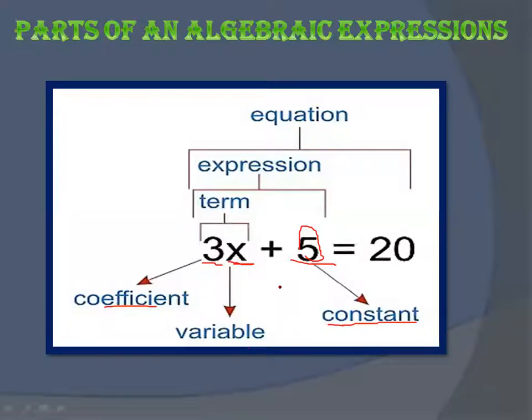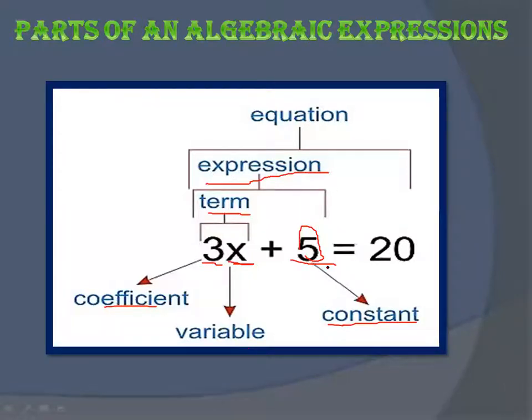Now, each of these parts separated by operations, like 3x and 5, is individually called a term. When any two terms are written together, like 3x plus 5, it becomes an expression.